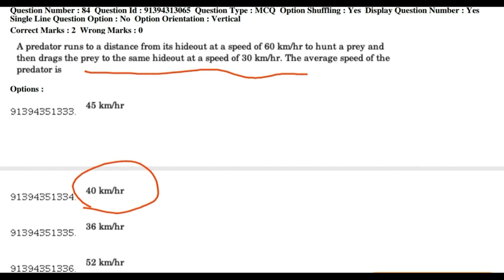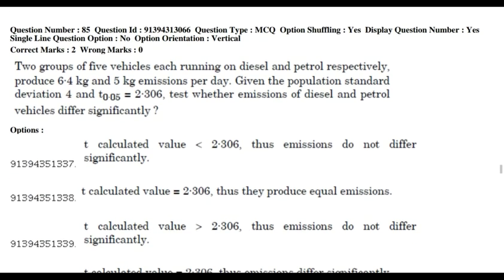Next, two groups of 5 vehicles each running on diesel and petrol respectively produce 6.4 kg and 5 kg emissions per day.